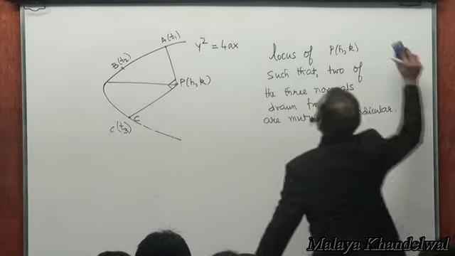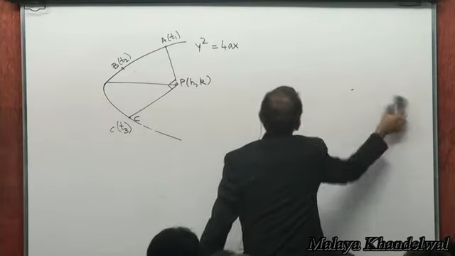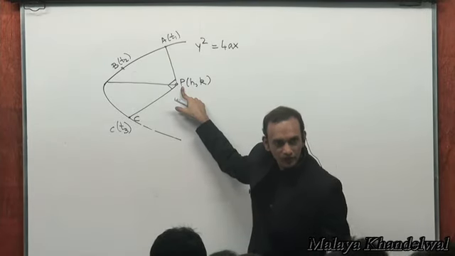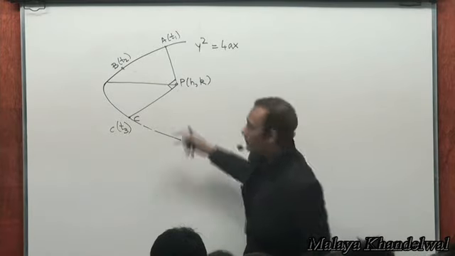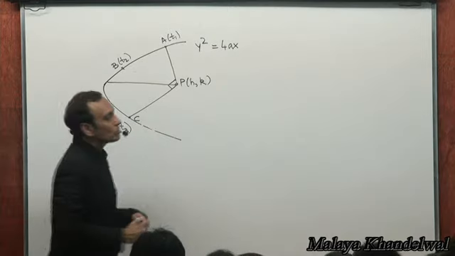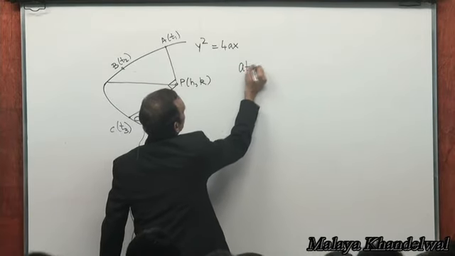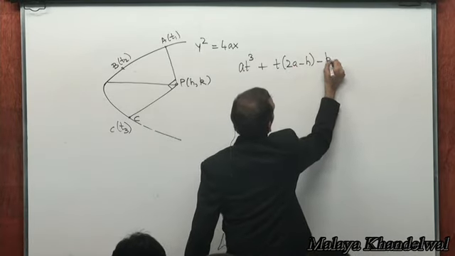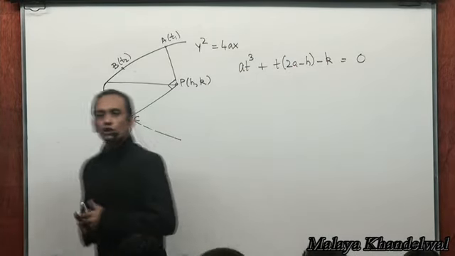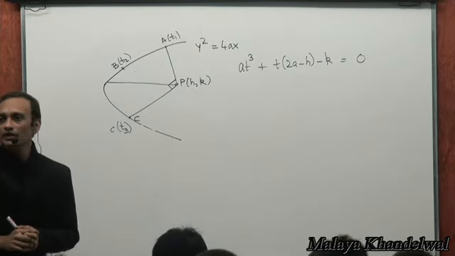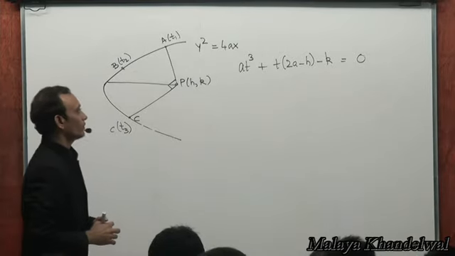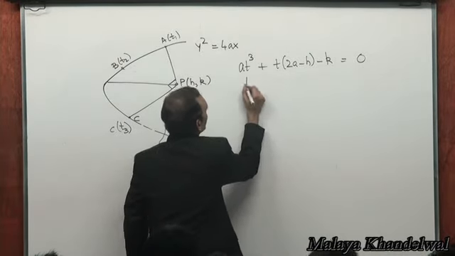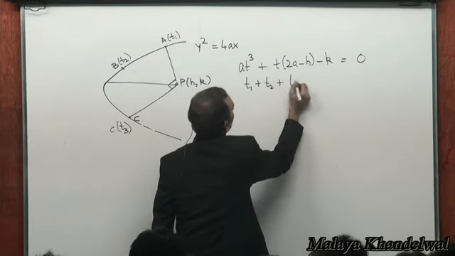Now, T1, T2, T3 are the feet of the three normals drawn from this variable point P, right? Therefore, T1, T2, T3 must be the roots of this cubic, where T1 plus T2 plus T3 must be 0.